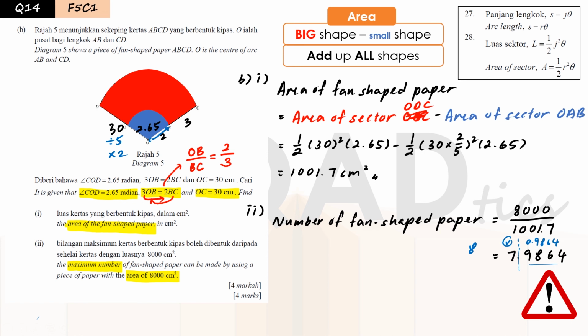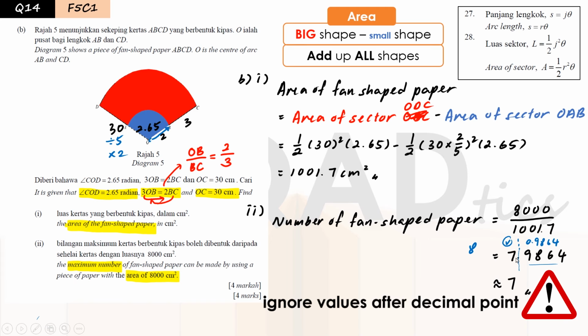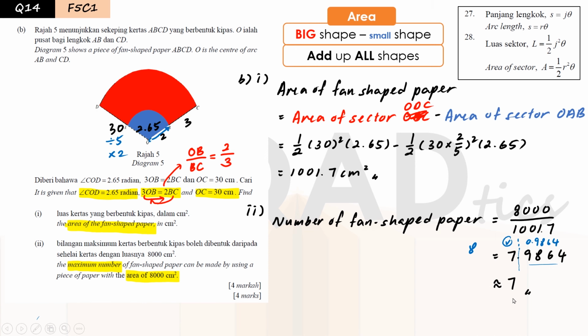It's just part of a fan-shaped paper, so there will be a part missing. If a part is missing, it is not a fan-shaped paper. So our answer here would be just 7, not 8, because we only have 0.9864, which is not enough to make one fan-shaped paper.